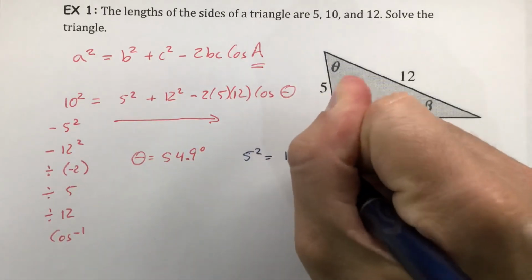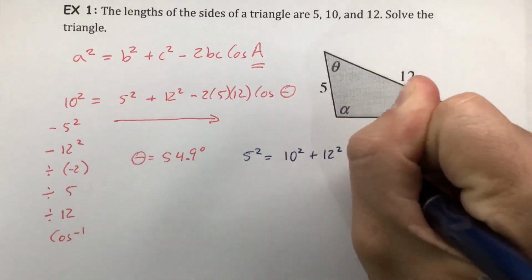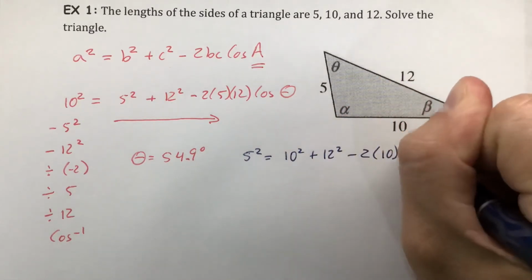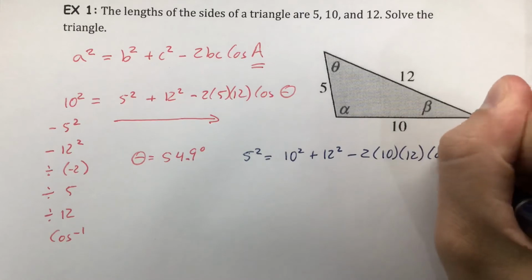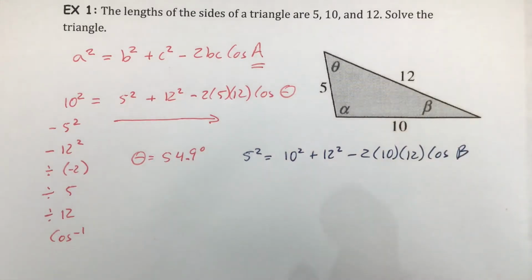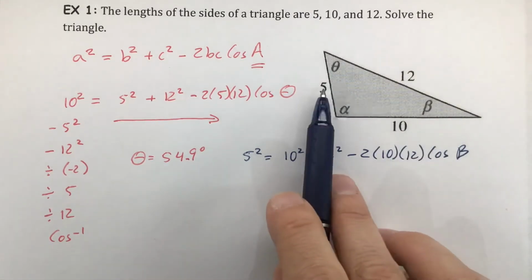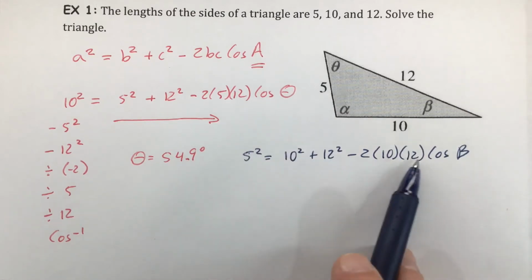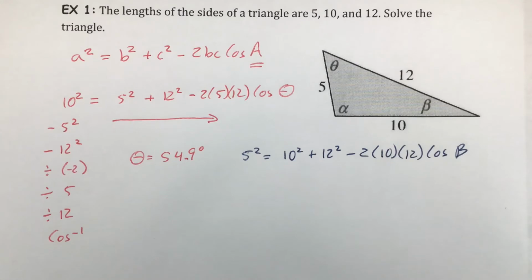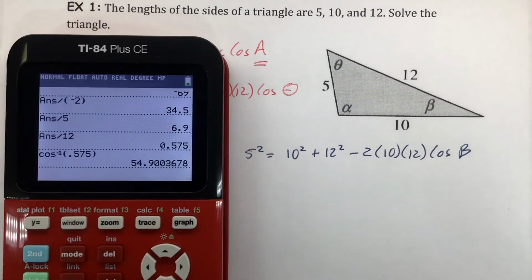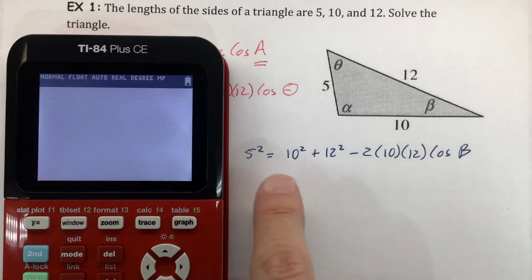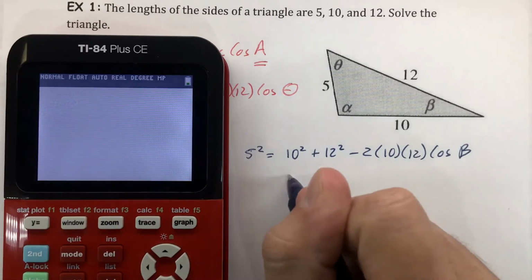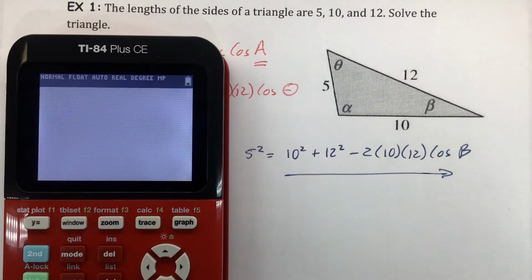So you have 10 squared plus 12 squared minus 2 times 10 times 12 cosine beta. So you choose your angle, make sure you figure out what side's across from it. That'll give you that number, and then the other 2 just fill in the rest of the gaps. And then as far as solving, I'll go ahead and just do it all on the calculator. Okay, but I'm just moving down the line here to figure out what it is.